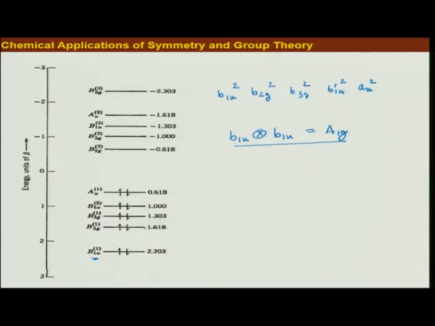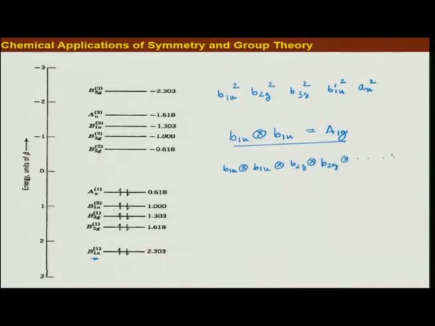Now if you have 5 different orbitals, each one having 2 electrons, then for all of these orbitals you do this direct product: B1U cross B1U, then B2G cross B2G, and so on.